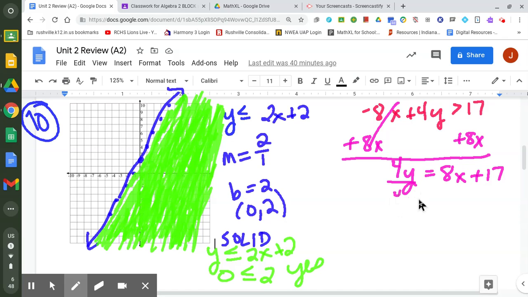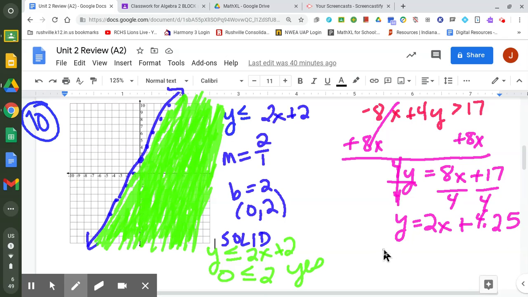And then divide by 4, divide by 4, divide by 4. y equals, and then I've got 8 divided by 4, so that gives me 2x plus. And since we're graphing, I can change 17 divided by 4 into a decimal, so it's a little easier to tell where that is when we graph. So 4.25.